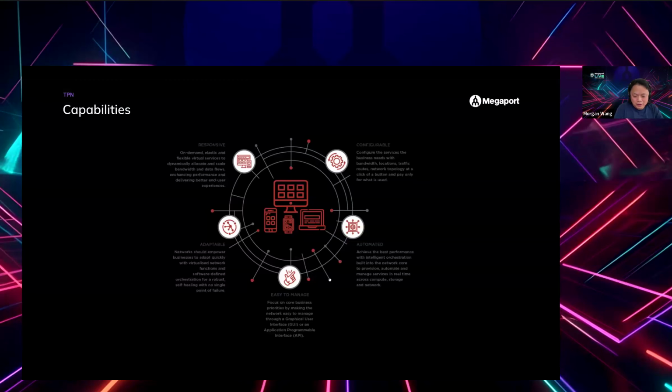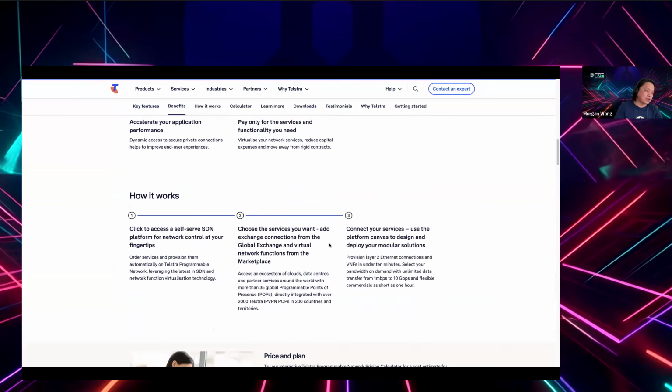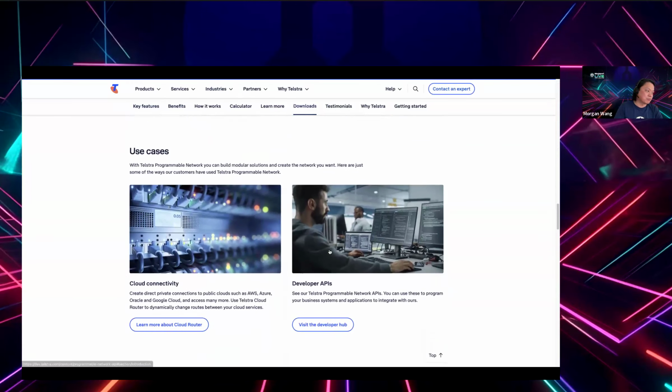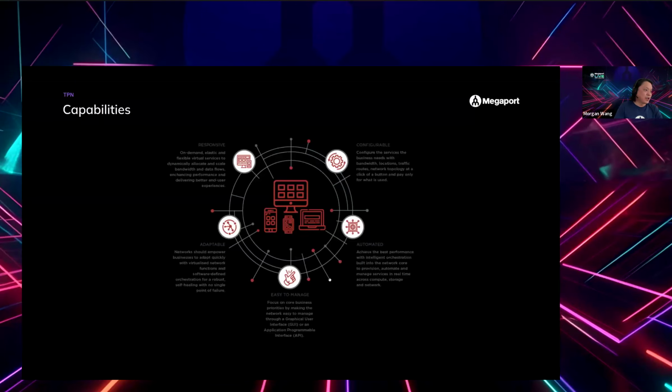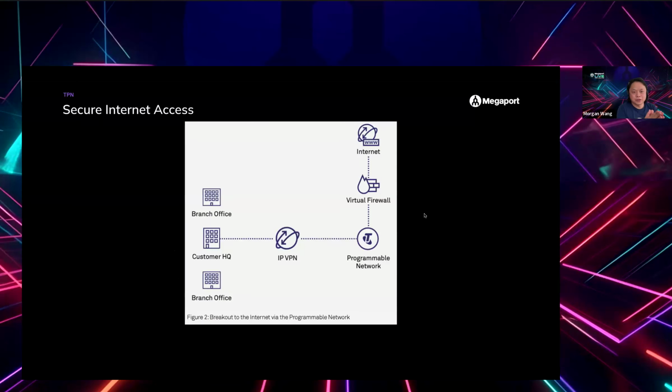So what are the three typical use cases of a TPN product? If you notice, on the TPN website they actually posted some typical use cases. The first one is probably using TPN as secure internet access.